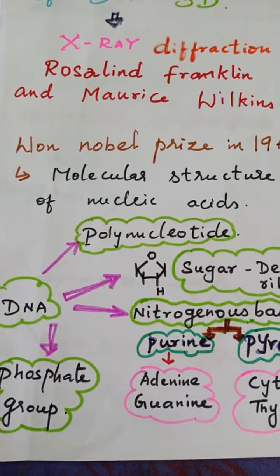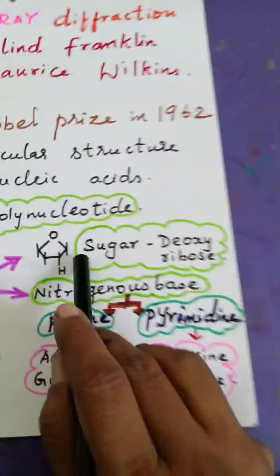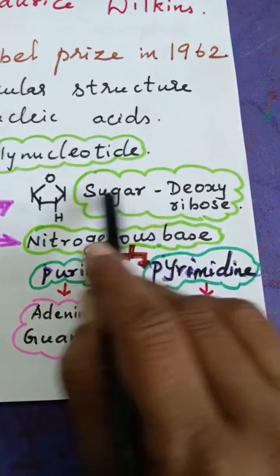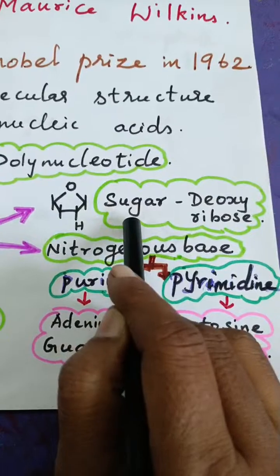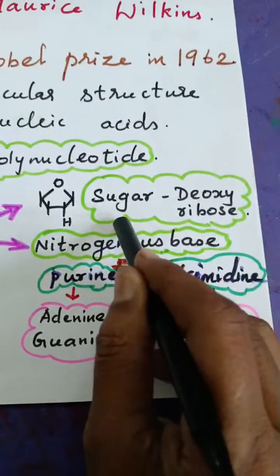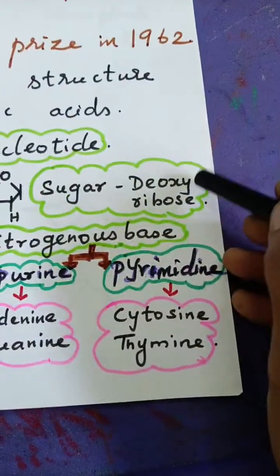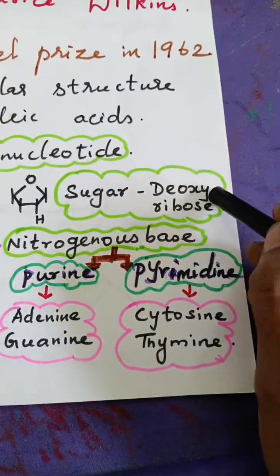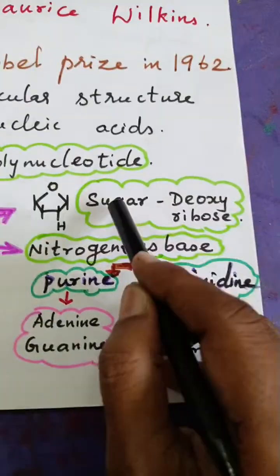Now let me explain the first and foremost component of the DNA. The base of the DNA is the sugar substance. I already told you in the beginning itself, it is the deoxyribonucleic acid, so it is called the deoxyribose sugar.